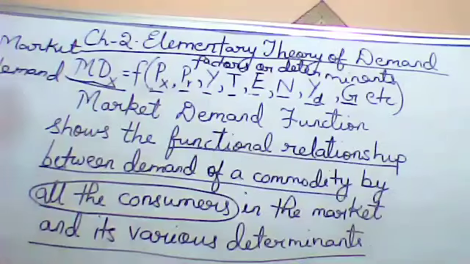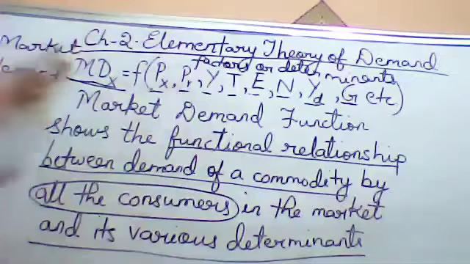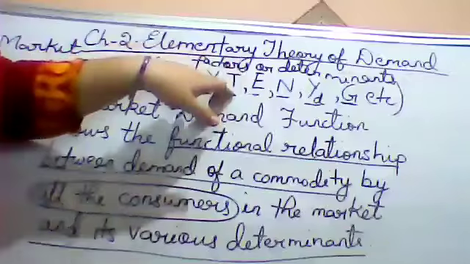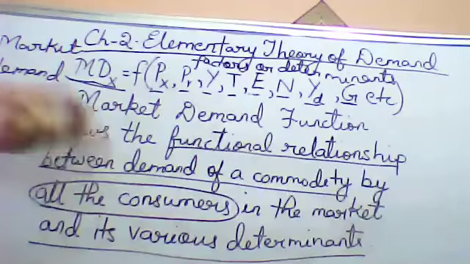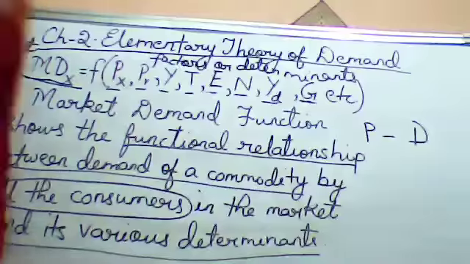Okay, now this is what is known as the market demand function. Why function? Because it shows the functional relationship, that is cause and effect relationship. What is the cause and effect relationship? Price and demand relationship.